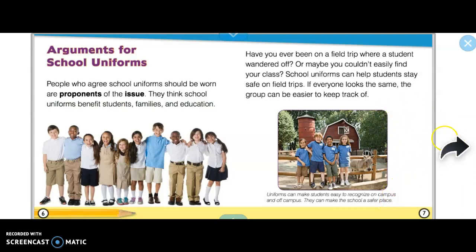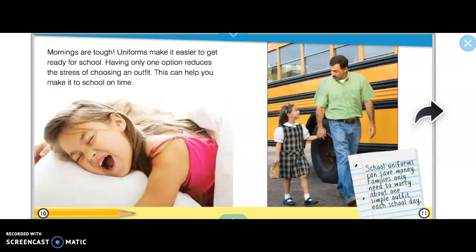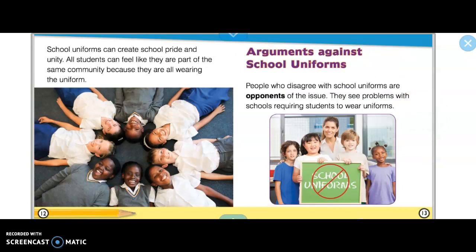That is how they're trying to persuade you. Here we have some other points that are supported by these graphic features and text features. Another heading lets us know what the next couple of pages is going to be about. And then we have those graphic features and text features that support our topic.